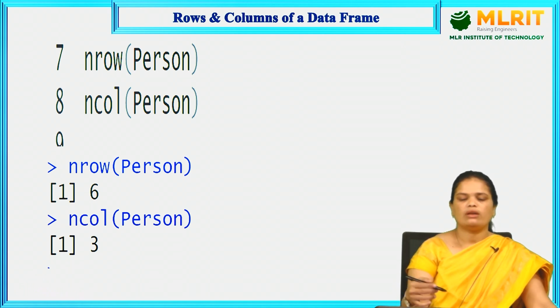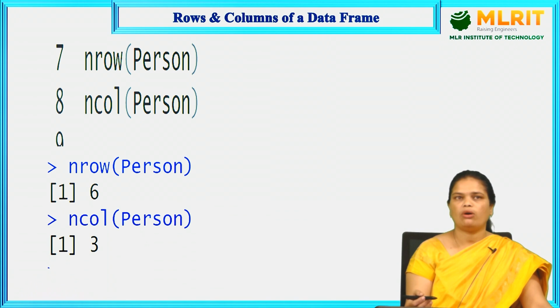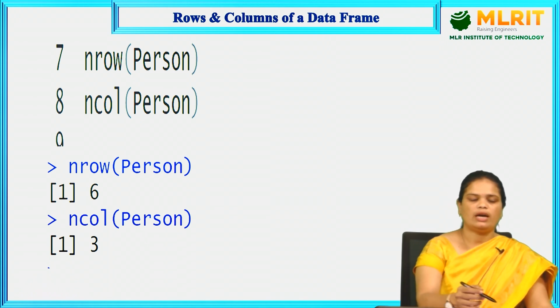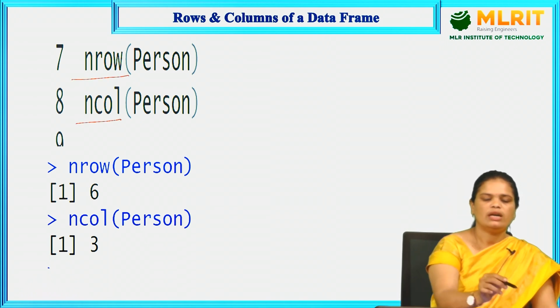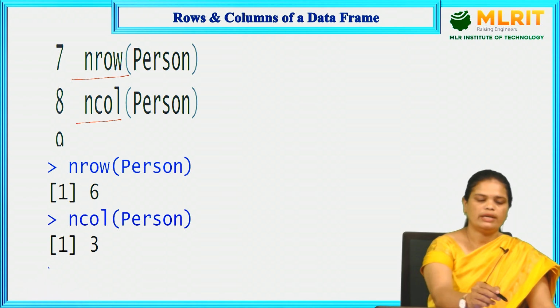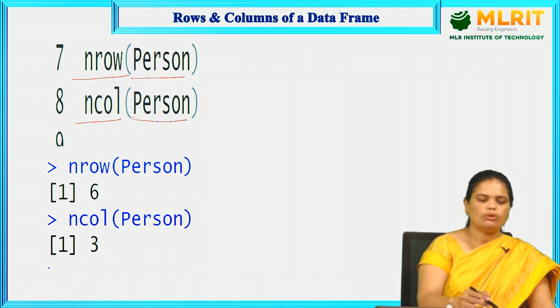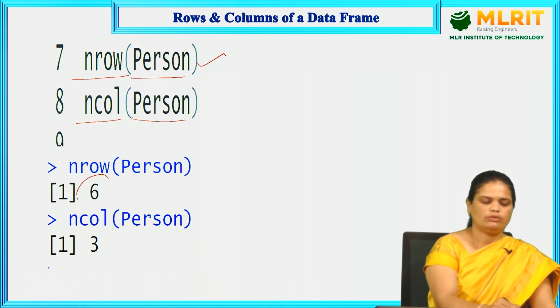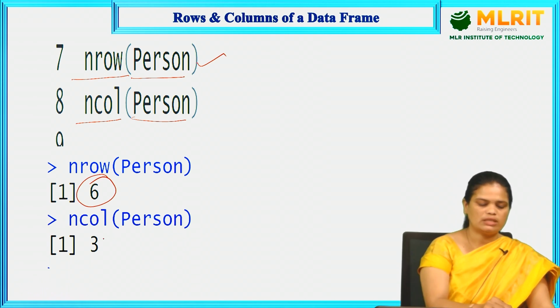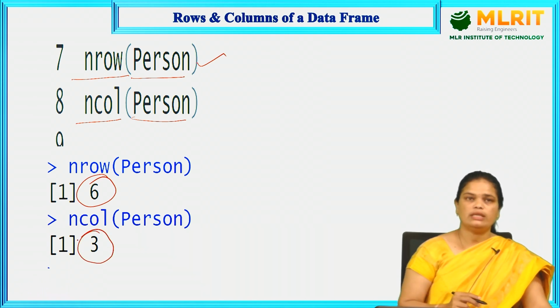Now, how do we look at how many rows and how many columns are there in a data frame? For that we have the built-in functions nrow and ncol. Our data frame name is person. So nrow of person is 6, and ncol of person is 3.